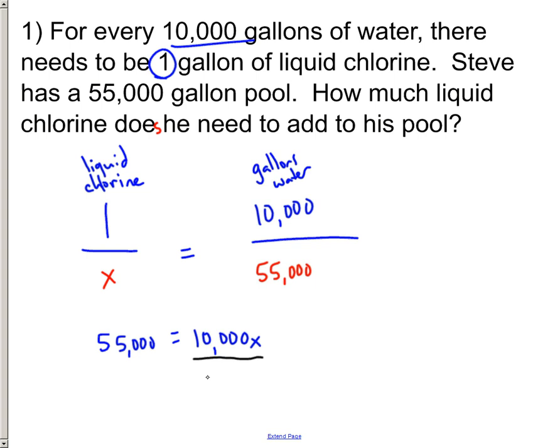Now we can divide by 10,000, and we can divide 55,000 by 10,000. And what we get is 5.5 equals x. Since the liquid chlorine is dealing with gallons and the x is on the liquid chlorine side of the proportion, I know that Steve needs 5.5 gallons of liquid chlorine added to his pool.